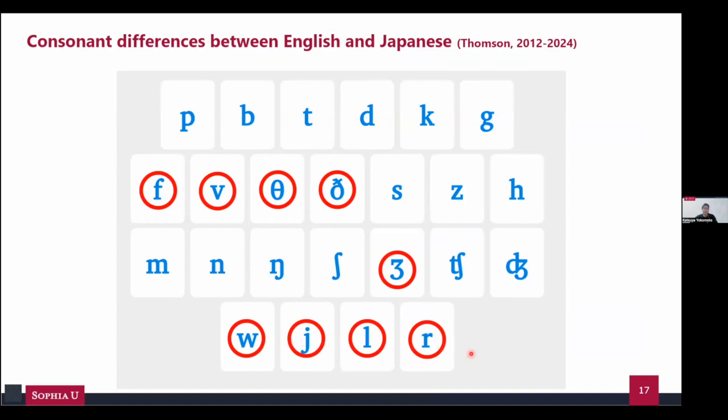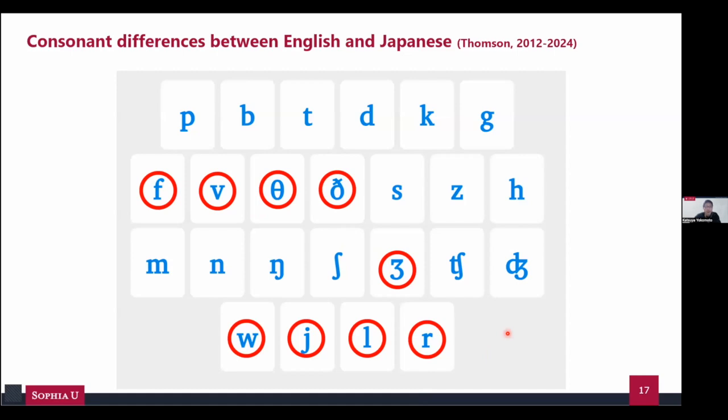So look at those 9 new consonants they have to learn when they learn a new language, English. As they learn English, they are exposed to those 9 new consonants. It's very overwhelming. And the teacher said it's a T sound. It's different from S. It's very confusing for Japanese people because they do not hear those sounds.